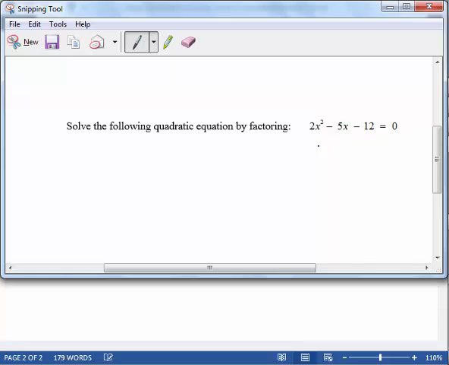Solve this quadratic equation by factoring 2x squared minus 5x minus 12. So since you've got a beginning coefficient, multiply those two together and you get negative 24. So we want to split up negative 24 into numbers that are 5 apart, which would be 8 and 3. So 2x squared minus 8x, that's the first part, plus 3x minus 12.